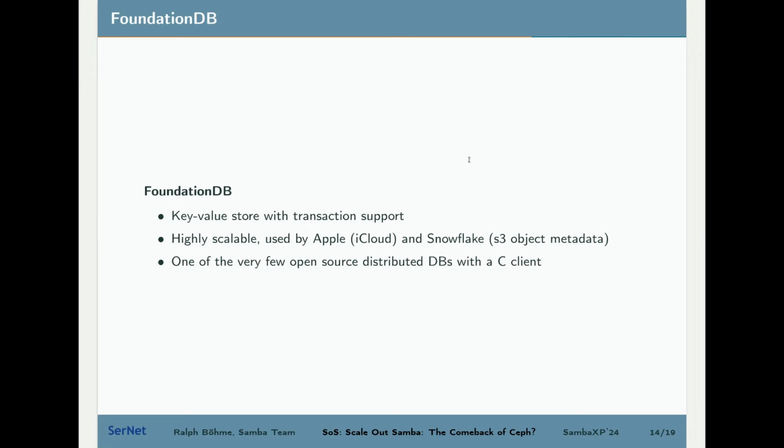And another user is Snowflake, which is a data warehouse cloud company. And they're using it to store the S3 object metadata. And that's, I mean, basically what Ceph OMAP is doing for Ceph. So in theory, this is exactly the use case that we need, a fast distributed database.